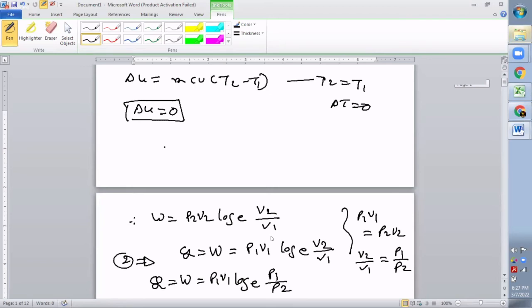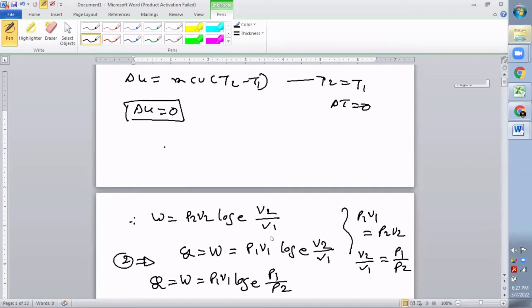Many times at the time of calculation, students make a mistake. They take log to the base 10. So this is log to the base e, which is the ln key in your calculator. We need to do the calculation with the help of that ln key, not the general log key.